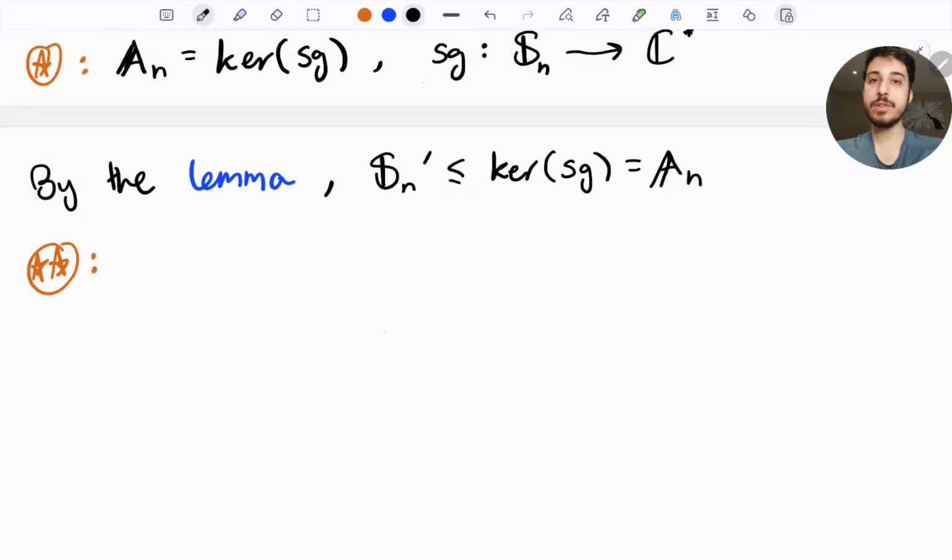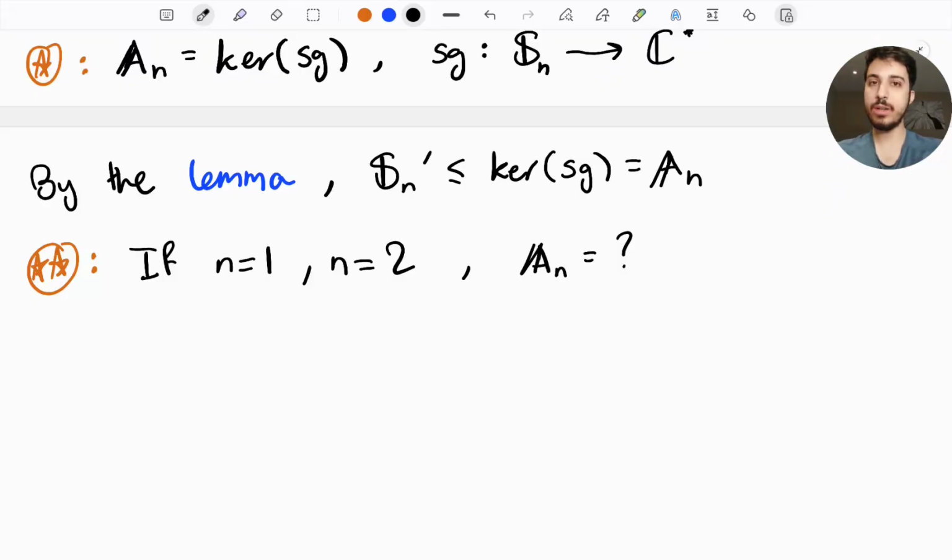The proof of the reverse inclusion will be done according to cases of n. I will be dividing the cases, the first being if n is equal to 1 or n is equal to 2, and the second case will be when n is bigger than or equal to 3. So if n equals 1 or n is equal to 2, what is An? Well, An, if you remember, is the set of even permutations.